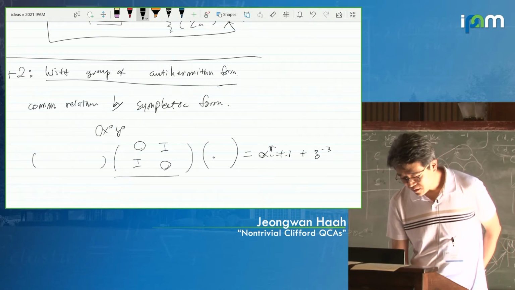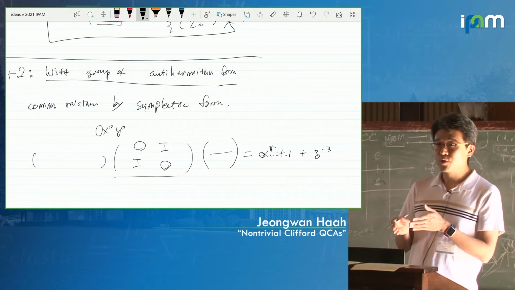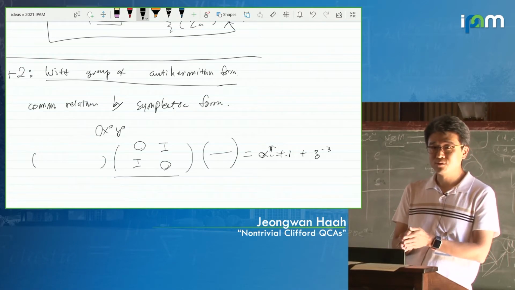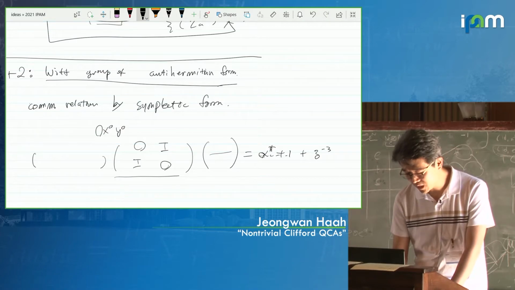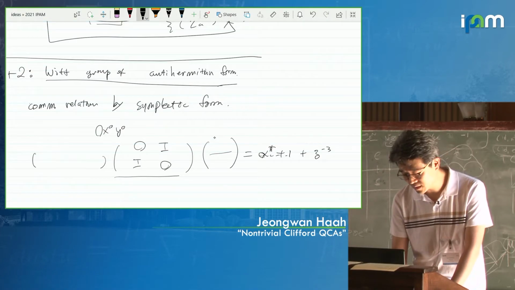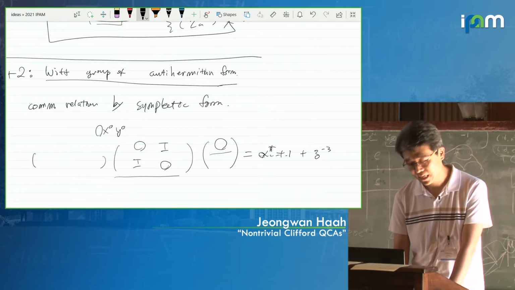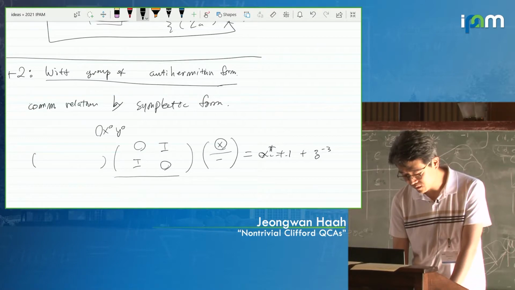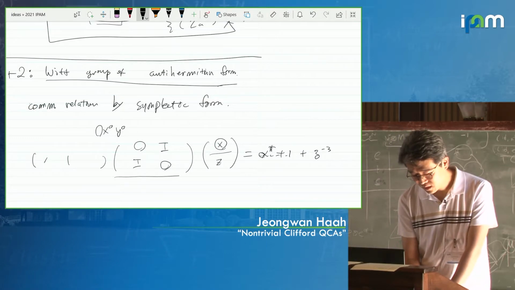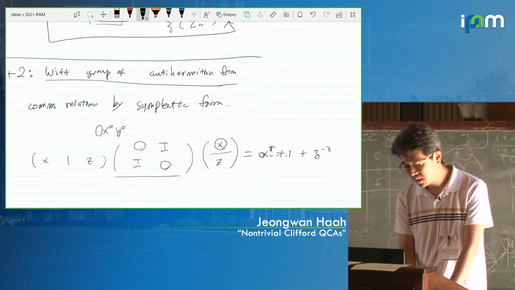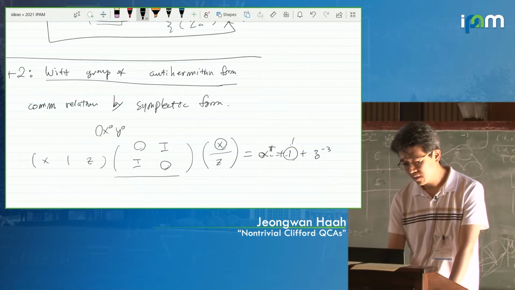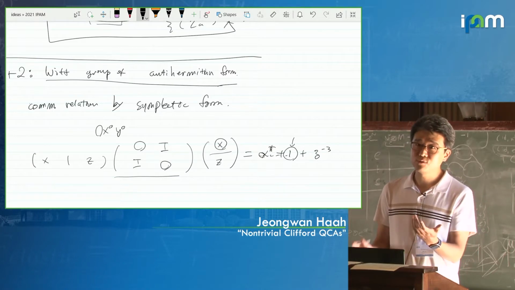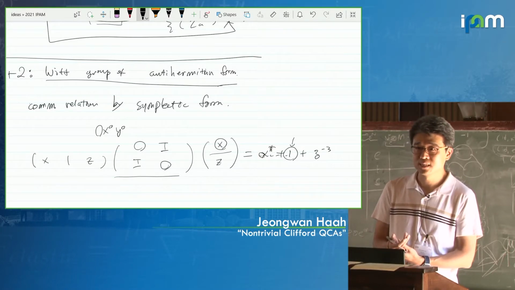And there is a preferred basis with respect to which you write your polynomial. Specifically, you encode your sigma x part on the upper part and sigma z part on the lower part. Then this product gives you some coefficient, and that encodes whether the given two operators are commuting or not.